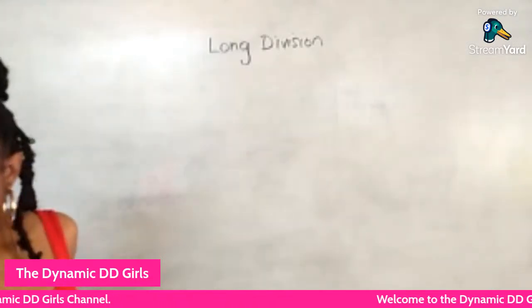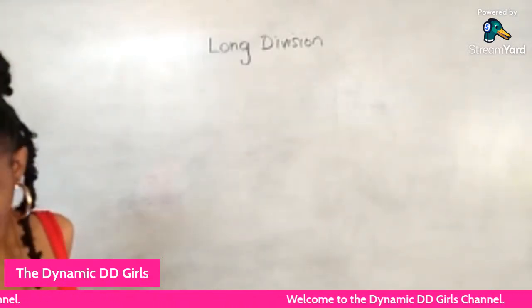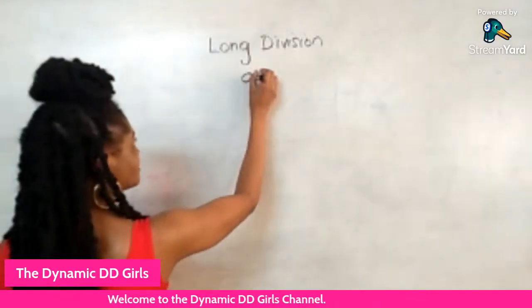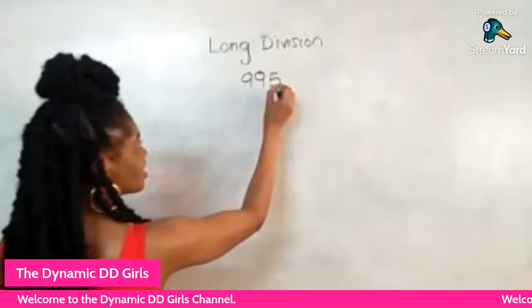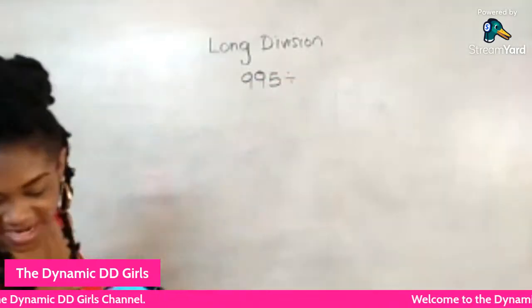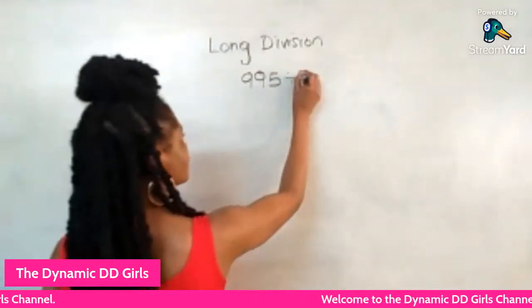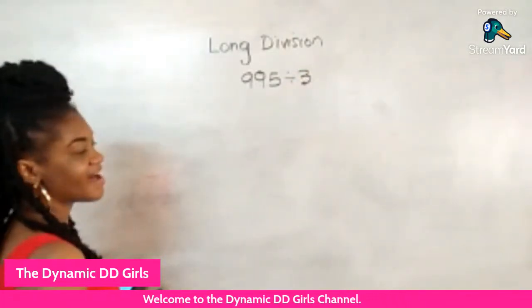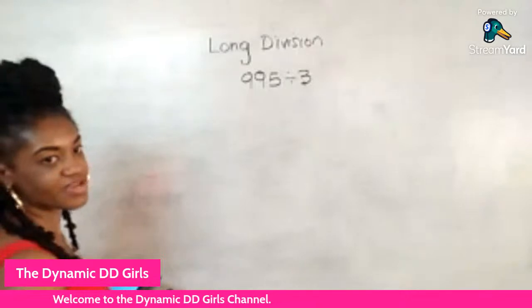So what we have right here is 995, and of course we are dividing by 3.